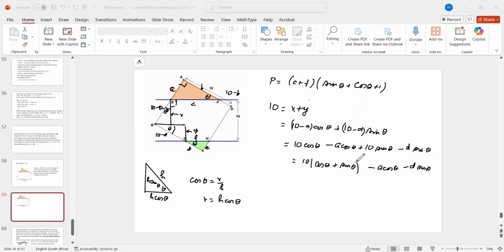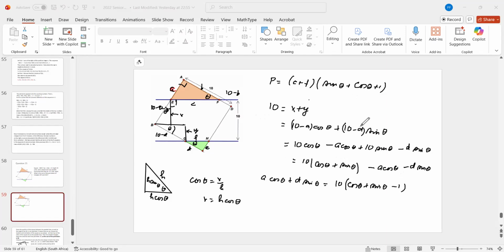There's a 10 on the other side, so I can make this thing a cos theta plus d sine theta. Bring this side, and take the 10, and you have cos theta plus sine theta. Bring the 10 on the other side, you have minus 1.